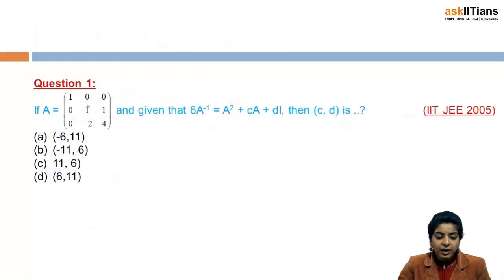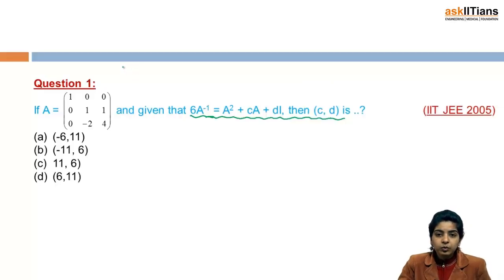Now we have a question based on the concept of inverse. If a matrix A is equal to this, and given that 6A inverse is A square plus CA plus DI, then find CD. This is another question that has been asked in IIT JEE 2005.